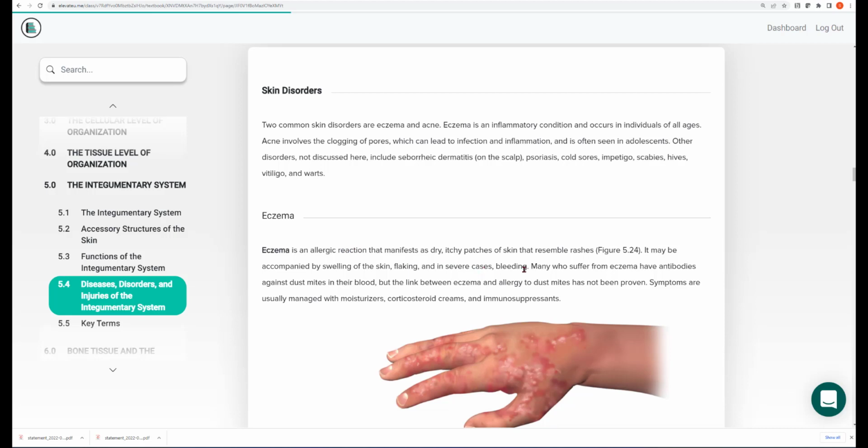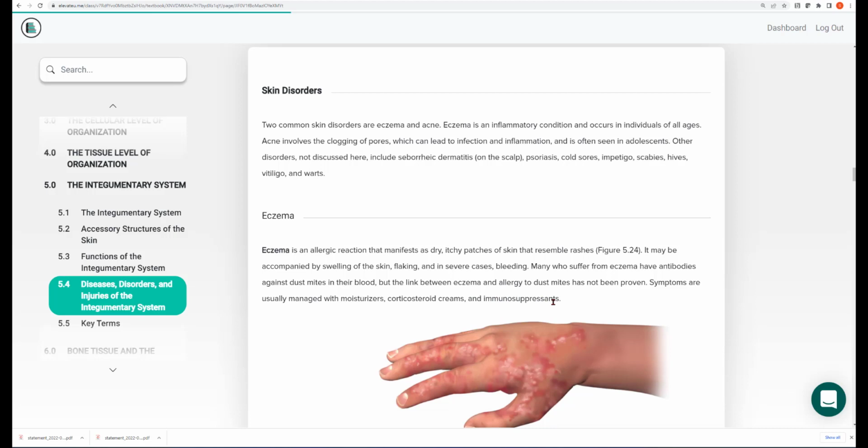For some people, it's a hypersensitivity, and the individuals are actually having sort of a self autoimmune disorder against dust mites. Others are just some sort of allergy of sorts, and individuals have to use creams to keep it more moist, corticosteroids to keep the inflammation down, and some patients also go on immunosuppressants.